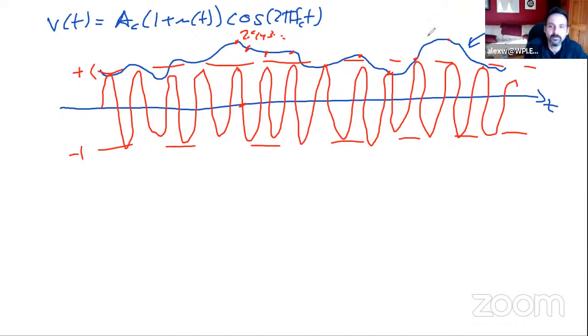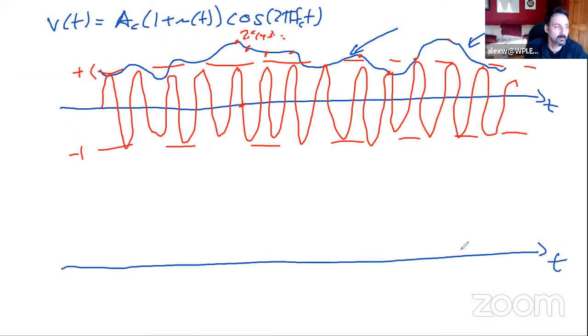What will effectively happen is the resulting v of t is going to have a shape that looks like a cosine. Okay, let me draw it out. This is going to have the shape of a cosine, like the ups and downs, but it's going to follow some, we're going to call this the envelope.